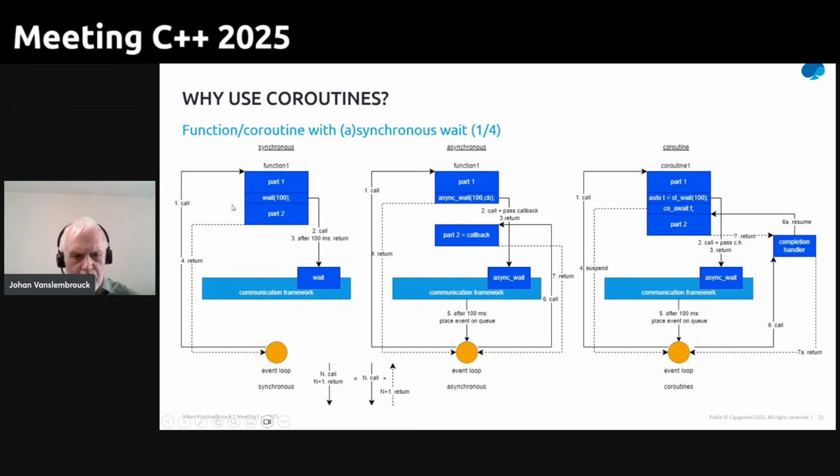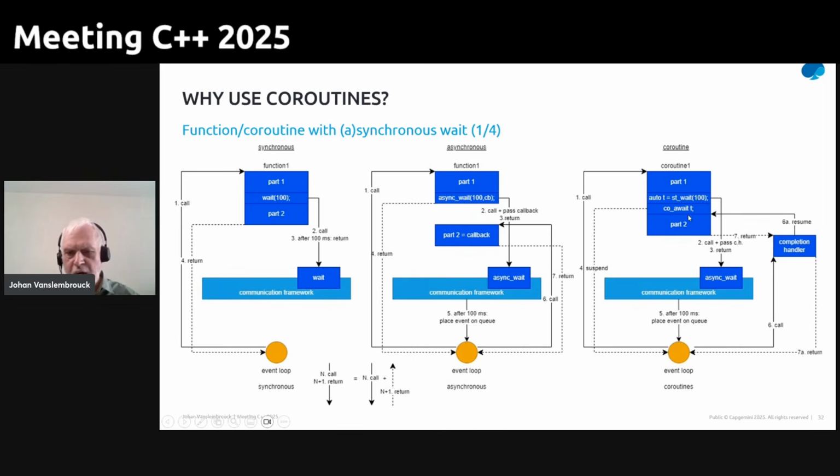So what we see in these three pictures is that the flow of asynchronous and the coroutine is almost identical. So we have the same control flow, but the style of a coroutine and the synchronous style with the function is also almost identical. Remember the first slide, where they looked very similar apart from a few keywords.